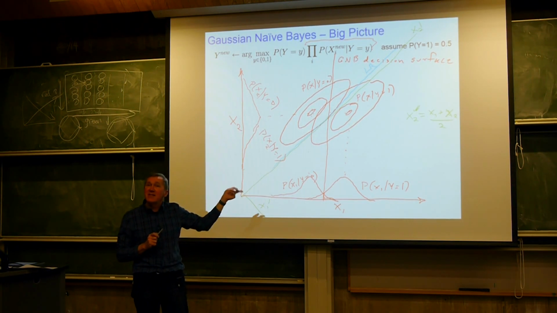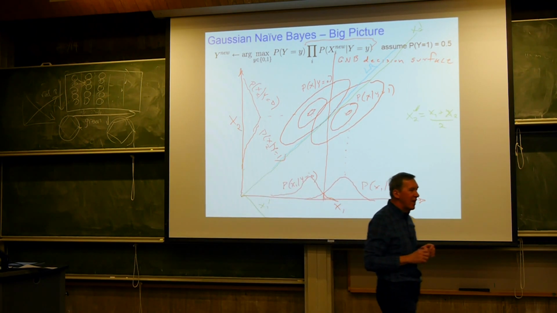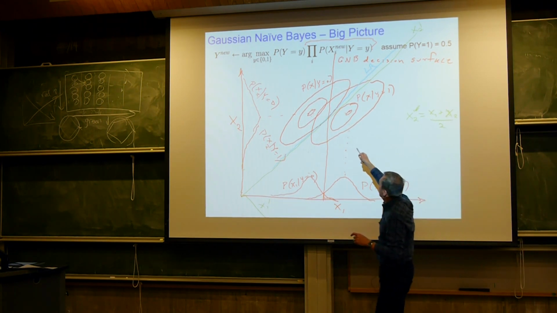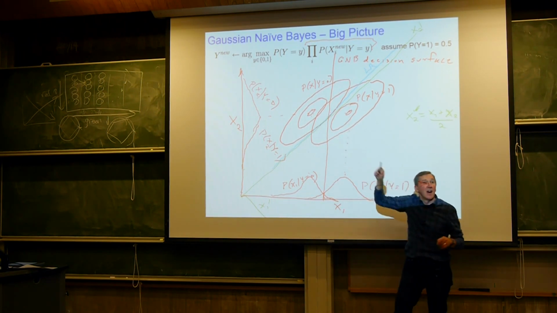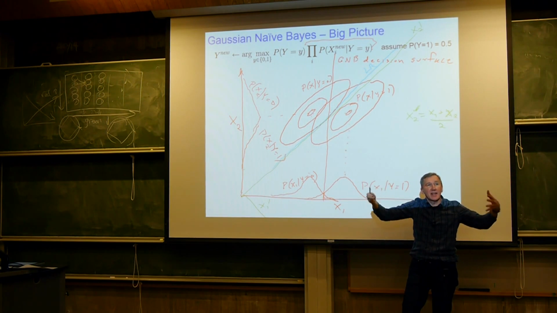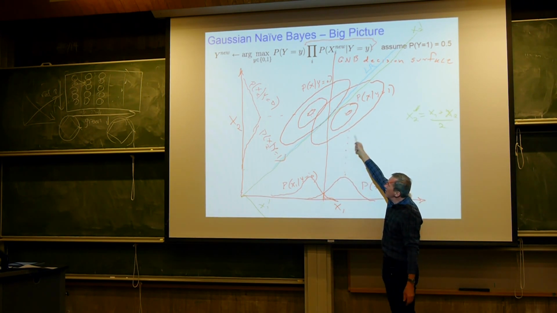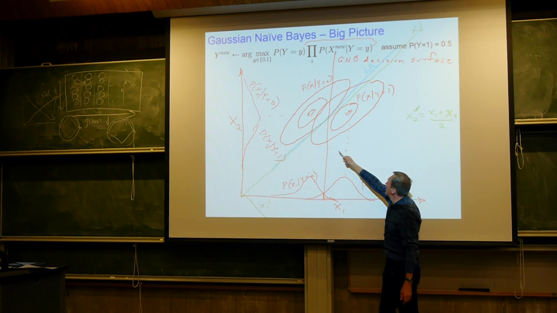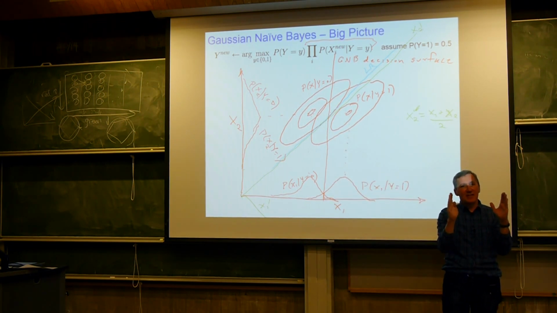So in fact, what this is illustrating is the fact, you can think this through too, that if you make the conditional independence assumption, then all of the joint distributions, this is actually the joint distribution in red of P of x1 and x2 given y, if they're elliptical, the ellipses are going to be axis aligned.